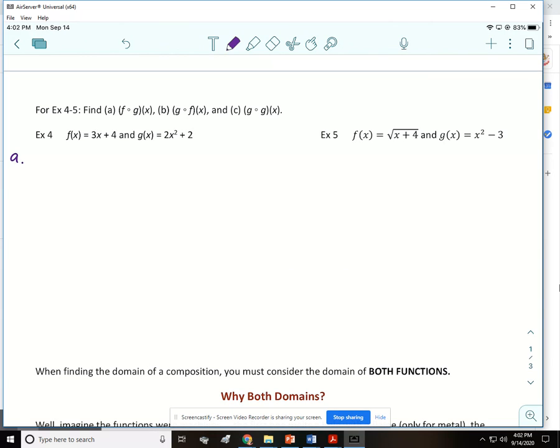Now, I don't like writing it with a little circle. So for f of g of x, I'm going to write it like this because to me, that makes sense. So f of g of x, we're going to take g and put it into f. So I'm going to start off and just replace g of x with what g of x equals.